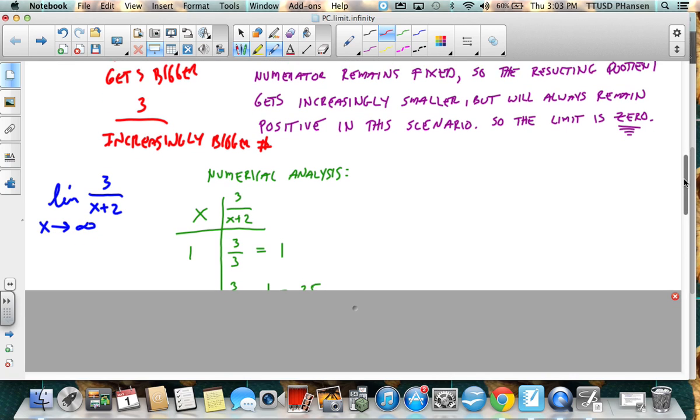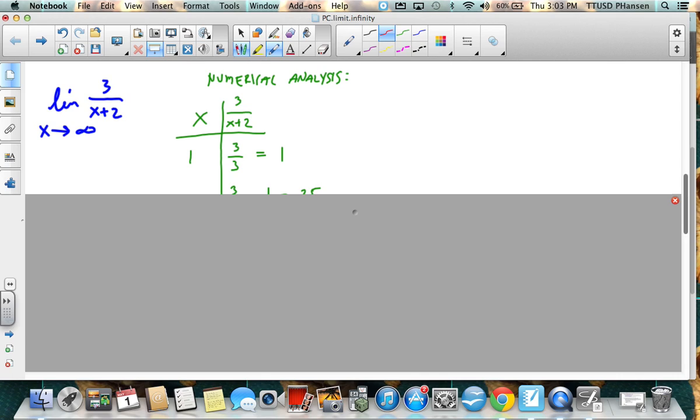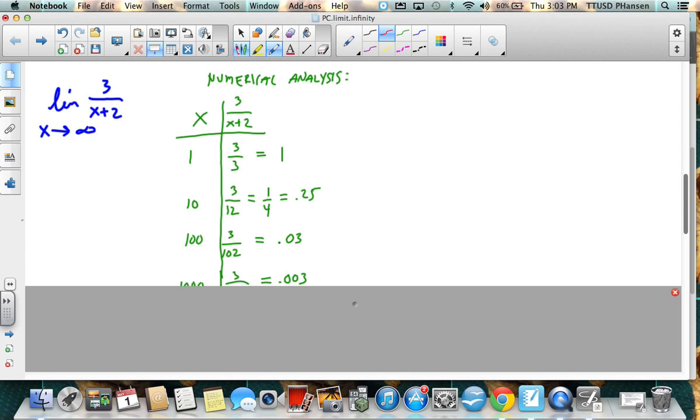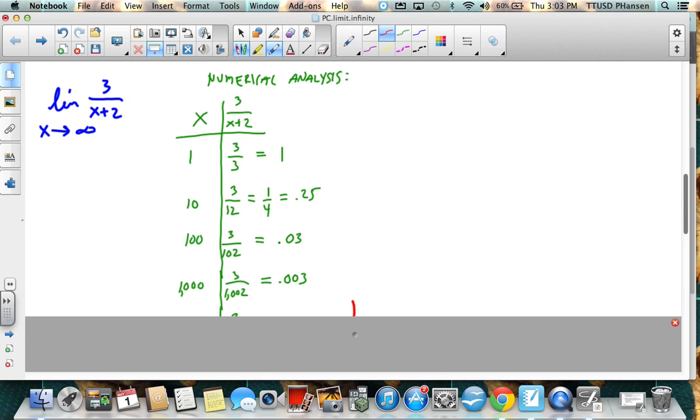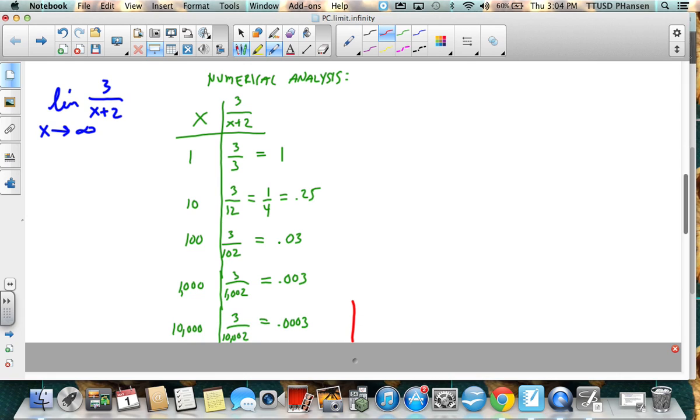Numerical analysis for that same limit looks like that. So as the x value in that diagram gets increasingly bigger, you can see that when I plug 1 into that x, I get 3 over 3 ultimately, which is 1.